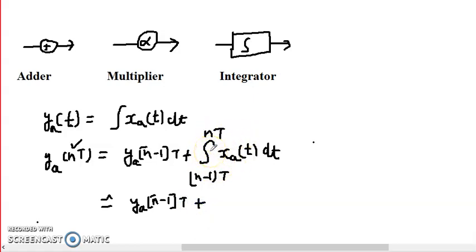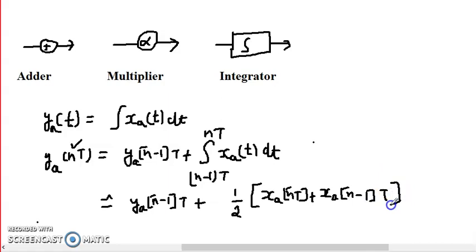Integration is basically an area, so it can be approximated to the area of this trapezoid: [x_a(nT) plus x_a((n-1)T)] into T. Okay, so the extreme points of x_a are summed, and the base is T, because nT minus (n-1)T will be T. So this integration can be approximated to this expression.